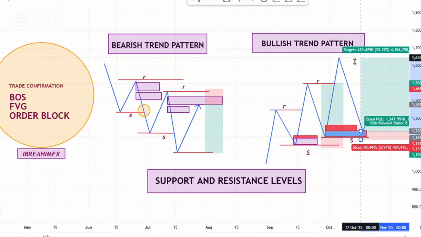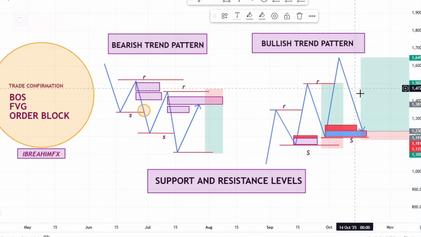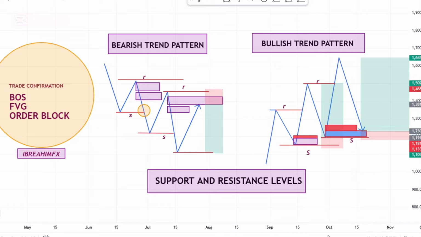So this is how you can trade the support and resistance trading strategy. And if you can apply a higher time frame and lower time frame confirmation, this strategy works effectively and is highly profitable, based on your account size and how much you are risking per trade.